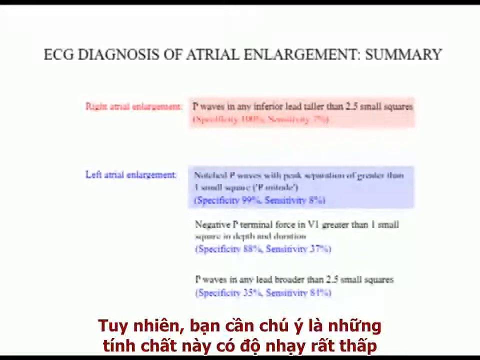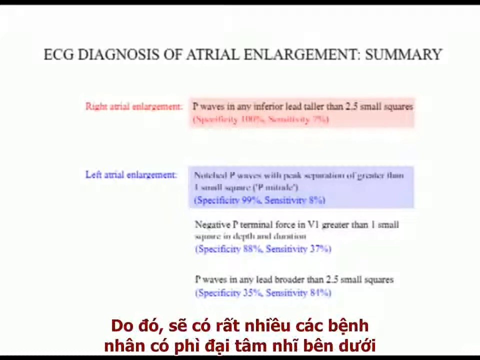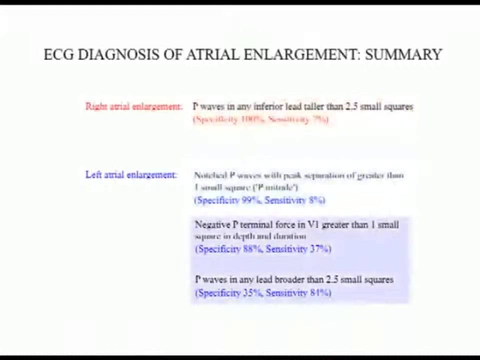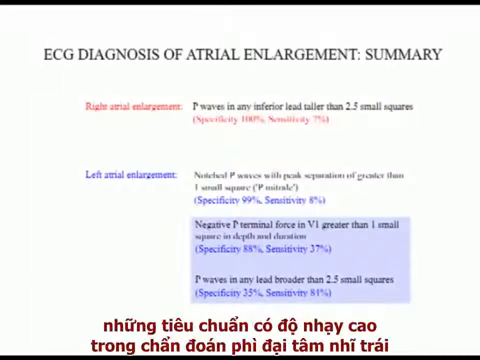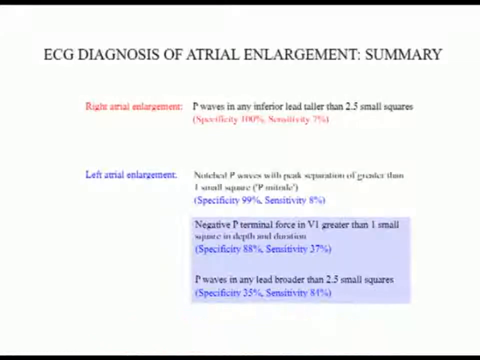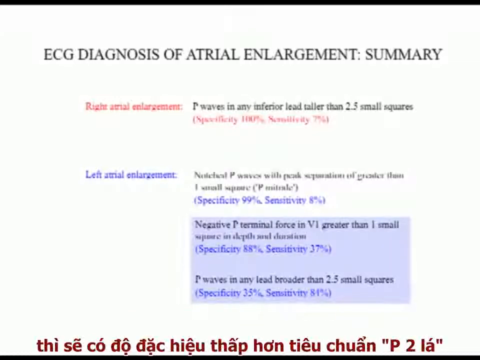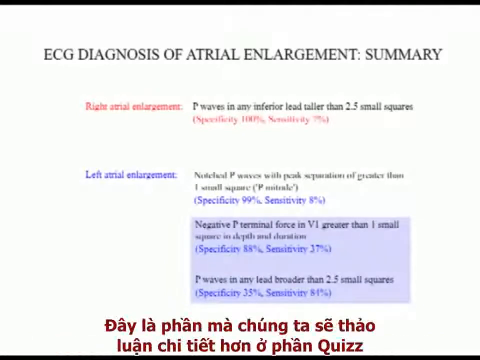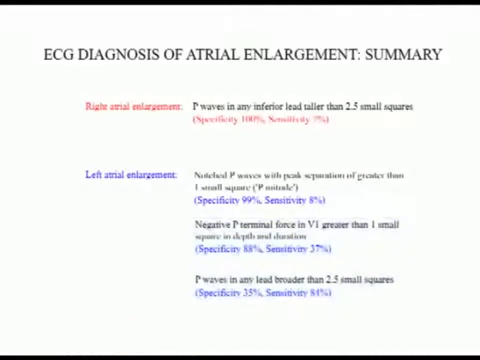However, you will appreciate from the poor figures for sensitivity that many patients with underlying enlargement of the chambers do not demonstrate these abnormalities on their ECG. Note also that the more sensitive ECG criteria for diagnosing left atrial enlargement are considerably less specific than P mitrale. This is an area we will discuss in more detail in the quiz section.